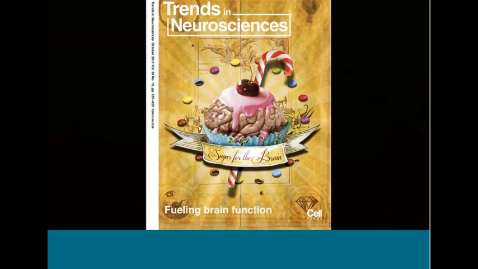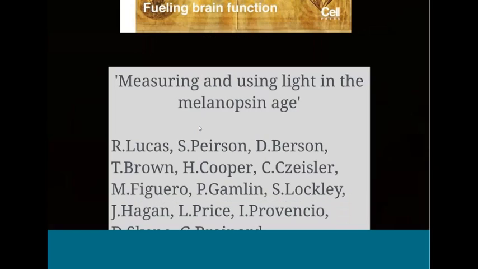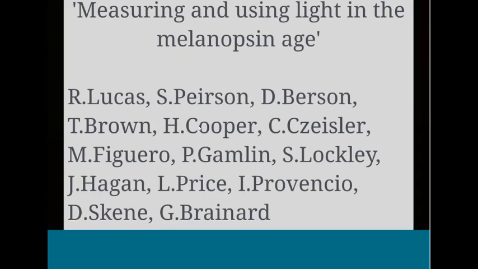And very recently in Trends in Neuroscience, an article was published called Measuring and Using Light in the Melanopsin Age. If you Google a lot of these names, they are really some of the leaders in this subject.